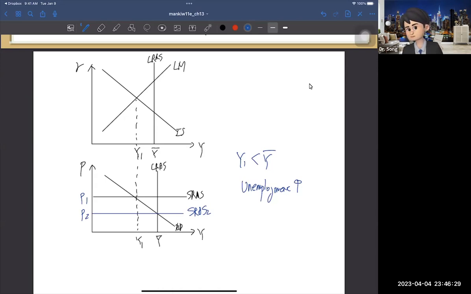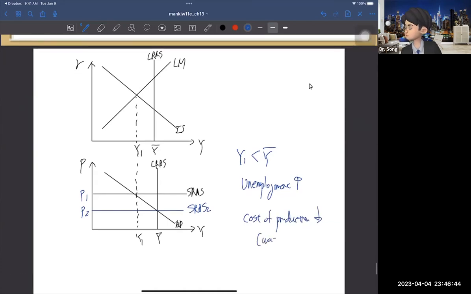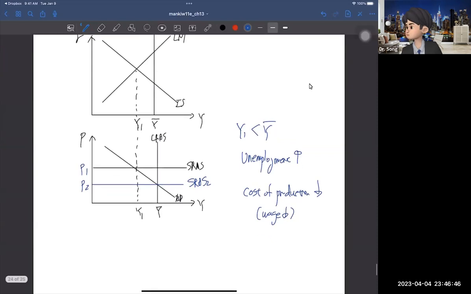Then the companies can lower the wages. Now the companies have market power, and the cost of production is decreased because the wage is decreased. Then over time, you can lower the price of your final product. So the price of output over time is decreased. That's why over time, the short run aggregate supply curve shifts downward.